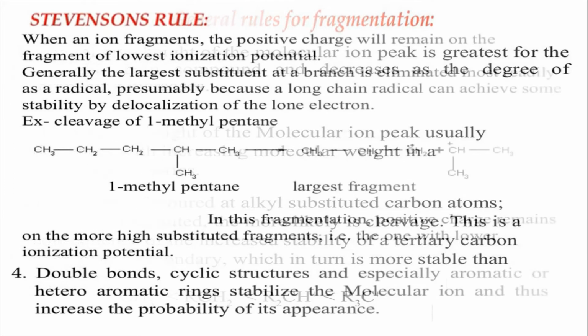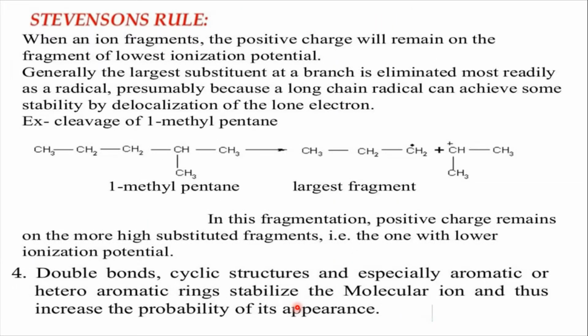Now, the next important rule involved in the fragmentation process is Stevenson's rule. So what is Stevenson's rule? When an ion fragments, the positive charge will remain on the fragment of lowest ionization potential.